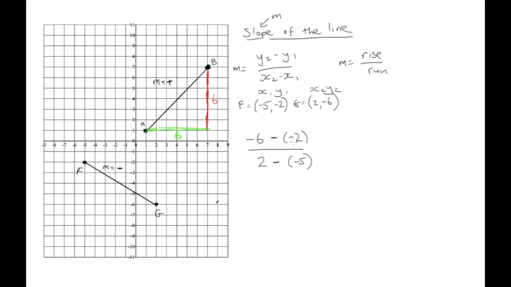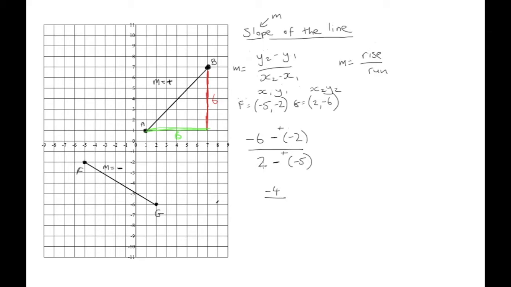Now let's deal with these integers here, these negative numbers. So this minus is multiplied by this minus, so that will become a plus, and this minus is multiplied by this minus, so that will become a plus. Okay, so minus 6 plus 2. Minus 6 plus 2 is minus 4.